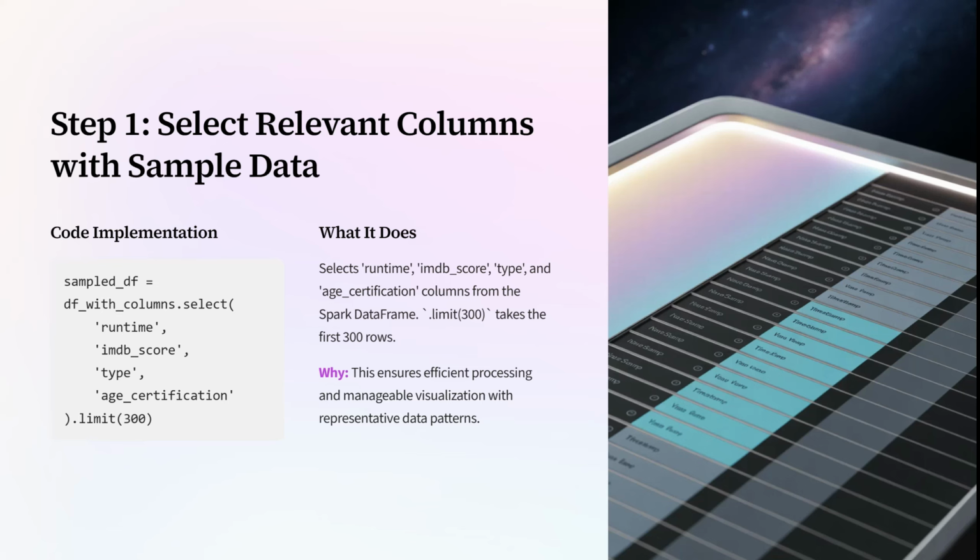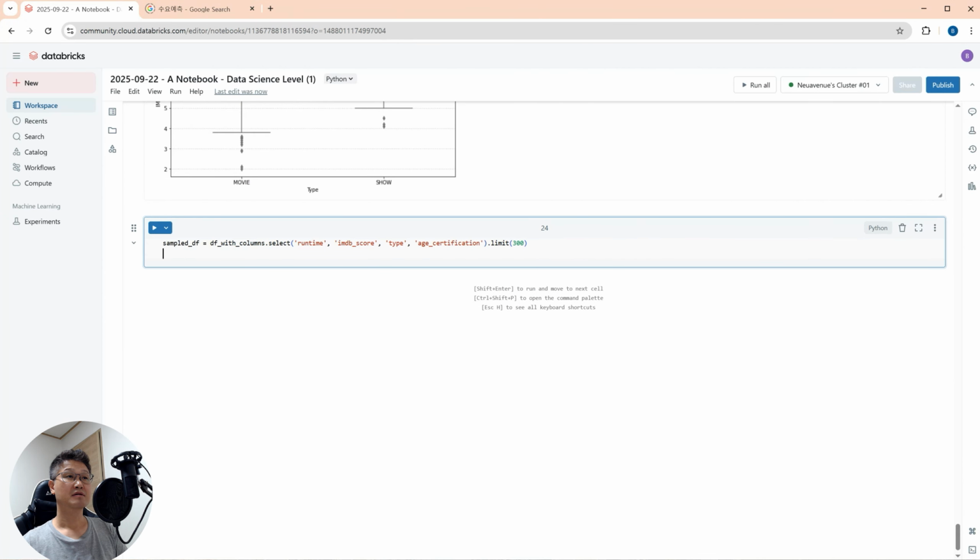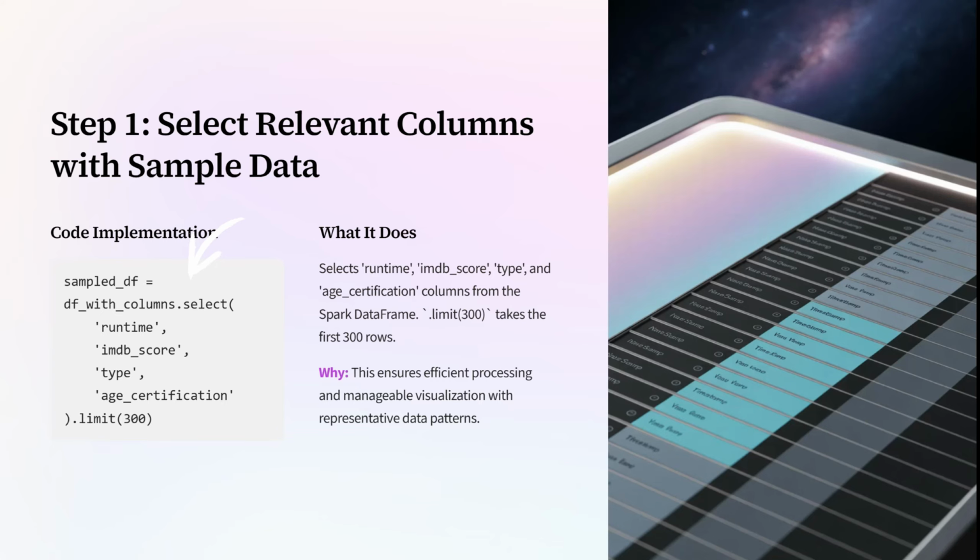Here's step 1. Select relevant columns with a sample of data. Start with the code. This is what it does. The select takes only the columns runtime, IMDb score, and type. On top of that, I'm going to add the age certification.